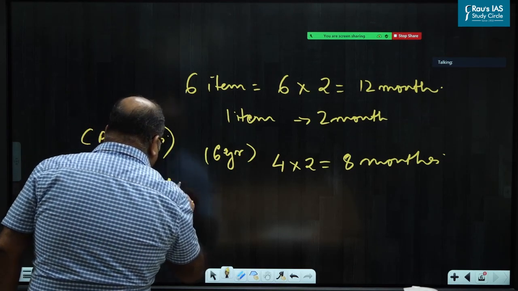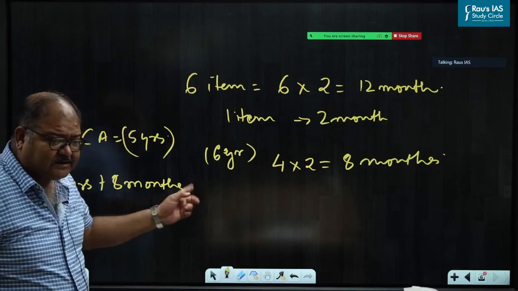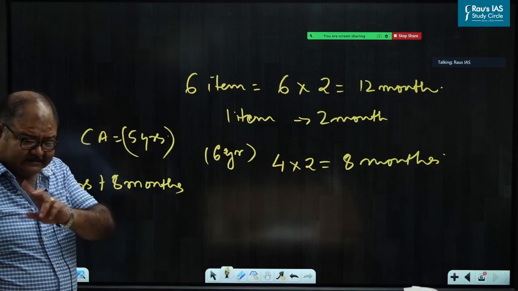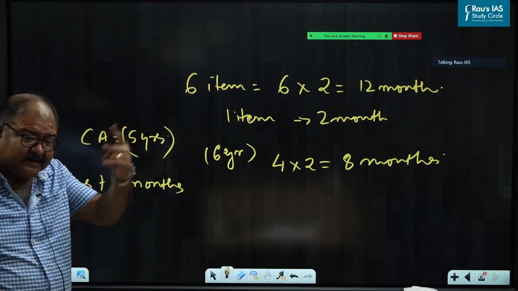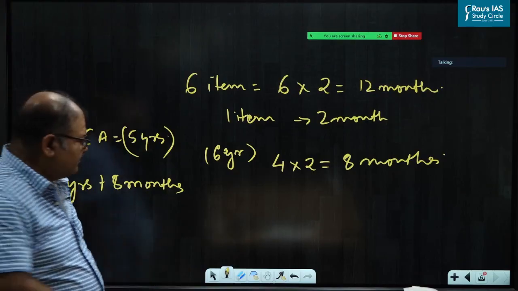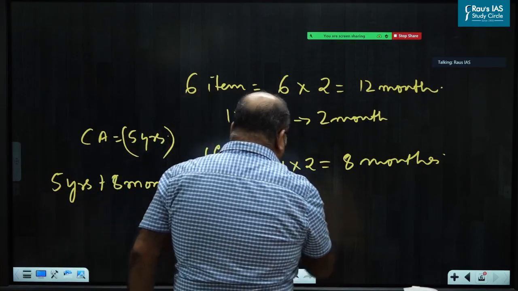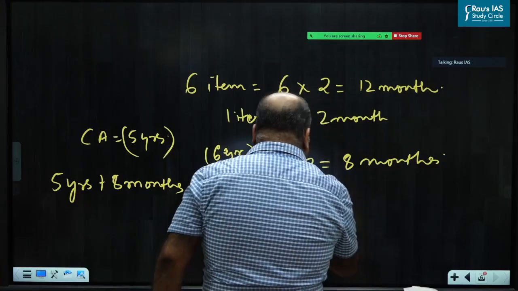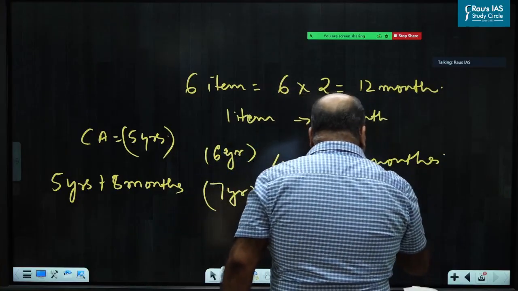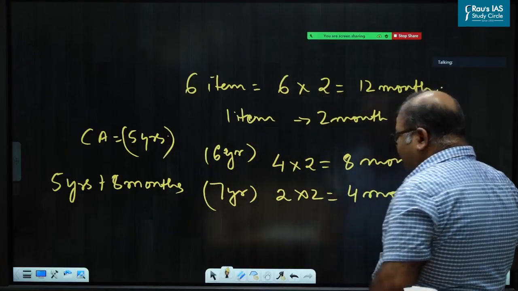Okay. Now the child will be given the test that is suitable for 7-year age group. In that 7-year age group, the child is able to solve, say, 2 questions. So it earns him 4 months.